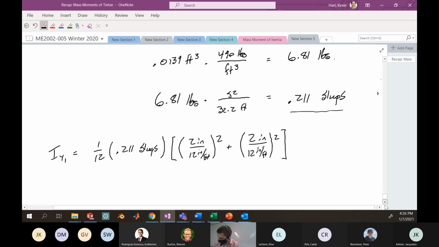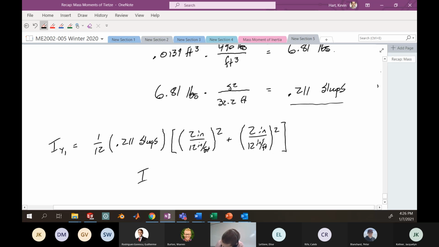Okay, very exciting. This gives me a resulting mass moment of inertia of object number 1 when all is said and done of 0.000977 slug feet squared. Gross.